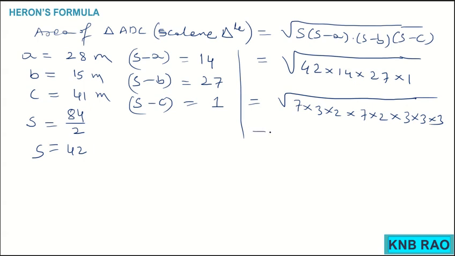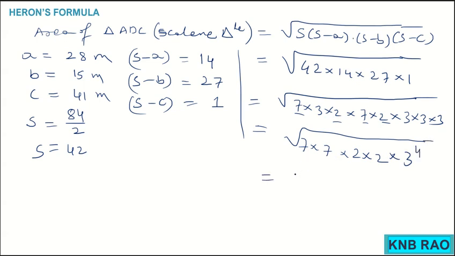So square root of 7 into 7, 2 into 2 and 3 four times multiplied by itself.